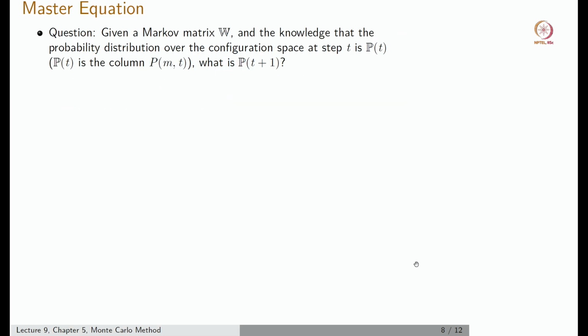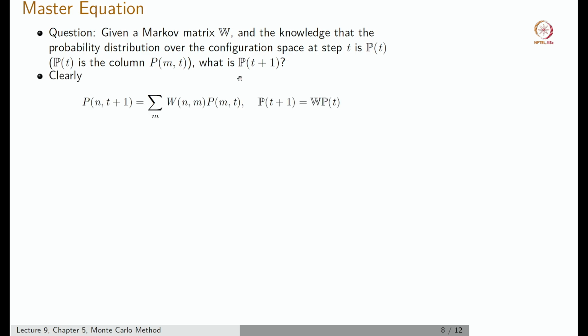So, the question we are going to ask is the following. Given a Markov matrix, which we have just discussed in the last slide, and the knowledge that this probability distribution of the configuration space at time t is P(t), what is the probability at time t plus 1? So, how does a probability distribution at a given time evolve by a Markov process, by a Markov matrix?